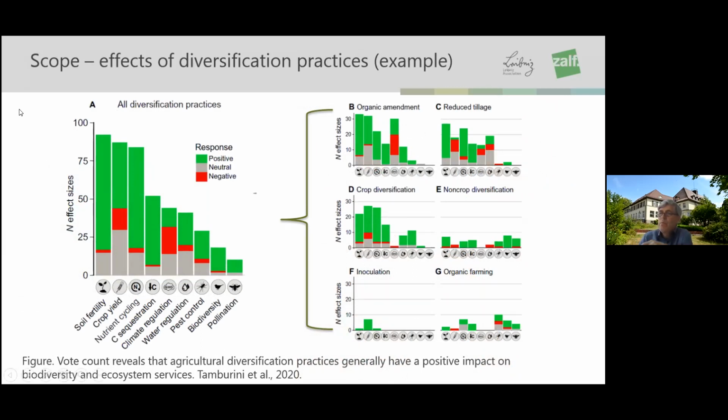The essence I want to point out here is that in the combination of these different diversification practices, also this study shows a positive effect on different ecosystem services, but also on yield. Here on crop yield, but also on soil fertility, nutrient cycling, carbon sequestration, etc. There are also some negative effects, but in general, these effects are positive as this green color suggests.